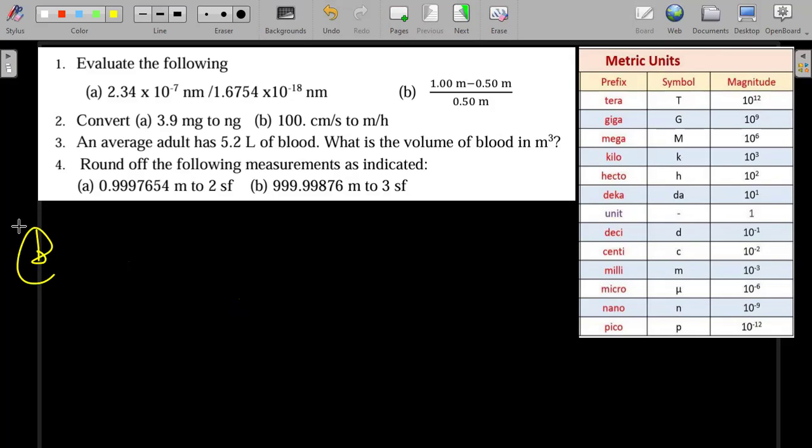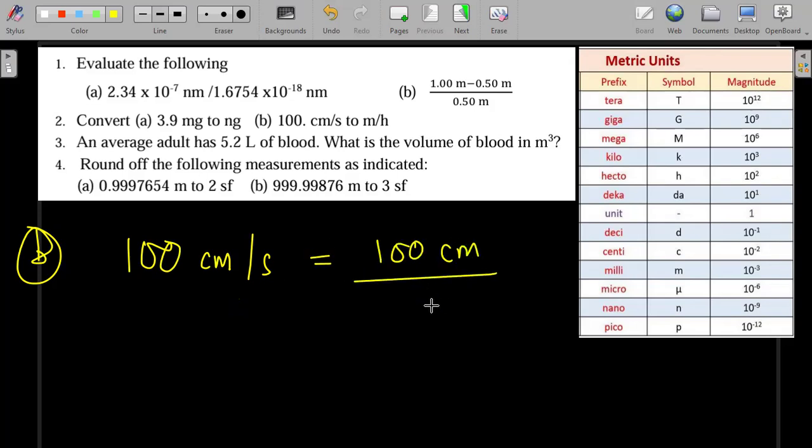So B, we have 100 centimeters per second. So 100 centimeters per second is the same as 100 centimeters divided by 1 second. So this one is the same as this. I want to convert this now to meters per hour, or meters over hour.